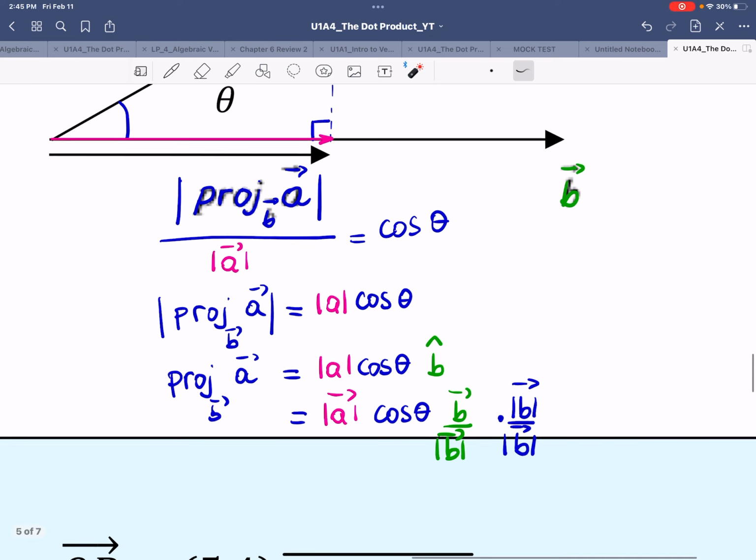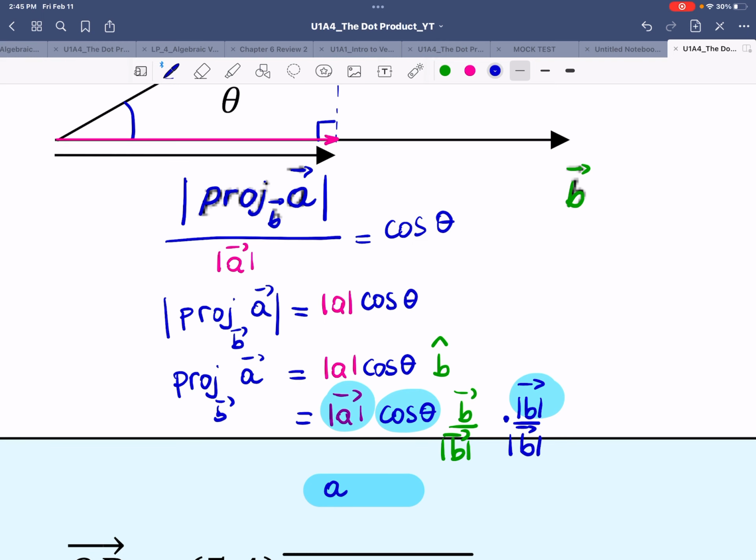And here is the reason why we want to do this. You see that here we have magnitude of A, we have cos theta, and we have magnitude of B. Together they give A dot B.